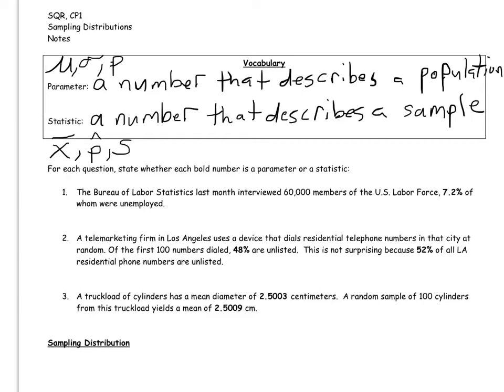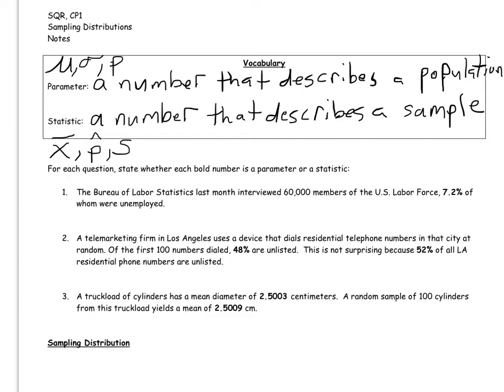So the key idea for today is that parameters and statistics are both numbers. Parameters describe the whole population. Statistics come just from samples. What we want to know oftentimes is the parameter for a population, but the population might be so large that we can't go out and look at every data point, like sample everybody.